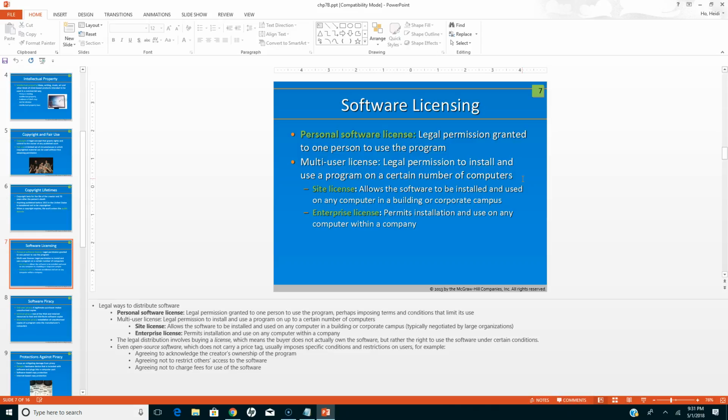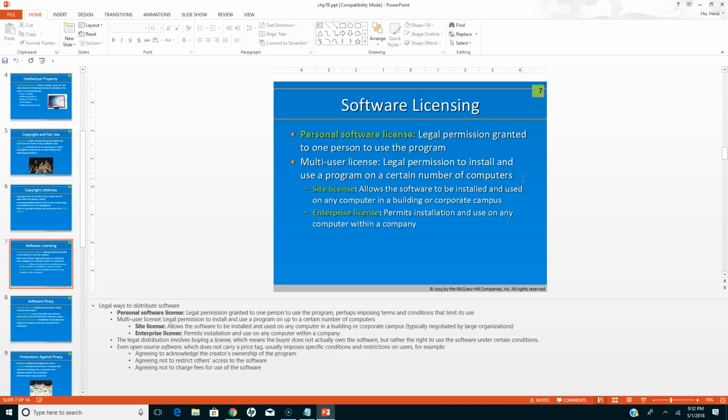If the person purchased 5 individual programs, it would cost more money than buying one program with 5 user licenses. That's called a multiple use license.